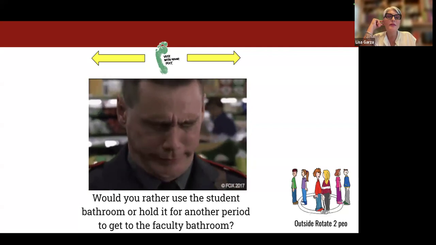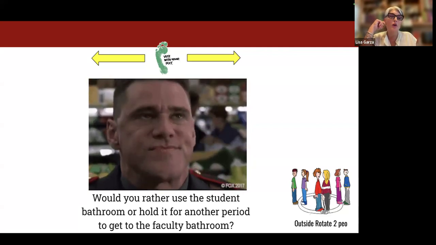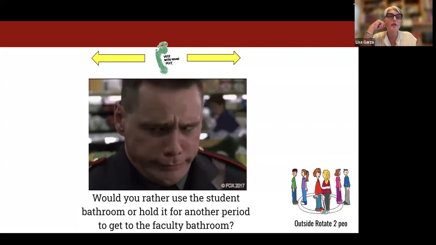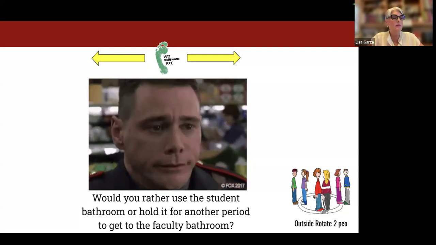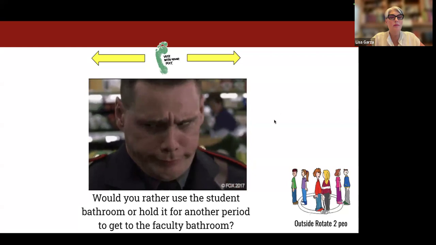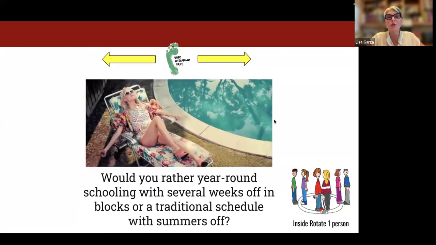All right, outside circle. Let's have you rotate 2 people to the right. Now discuss this with your new partner. Would you rather year-round schooling with several weeks off in blocks or traditional schedule with summers off?